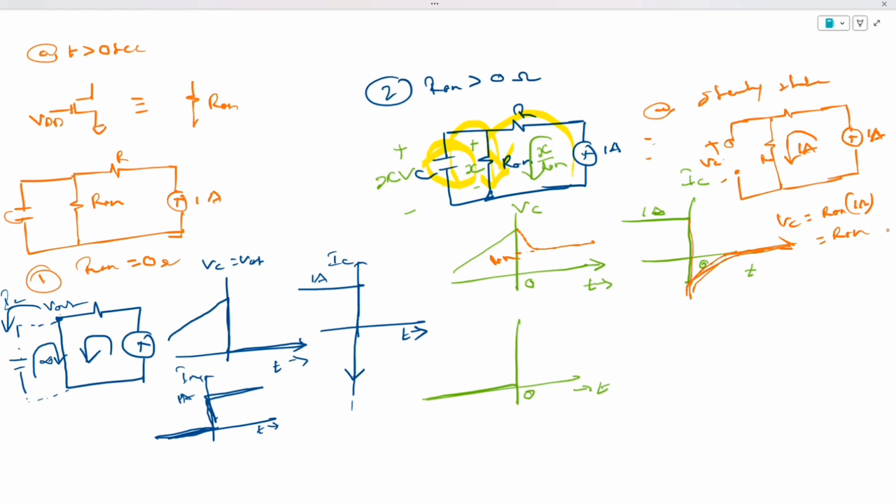If you see the IC graph now, the IC starts at 1 ampere, at this point it started to discharge more, meaning it went in the negative direction, and it reached 0, meaning the current flowing through it is 0. The graph of IC will look something like this. Finally there is no current flowing through IC.